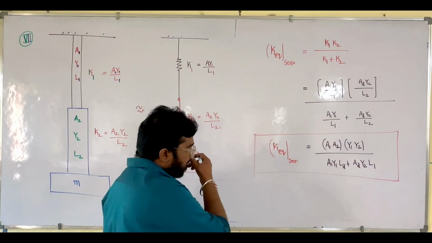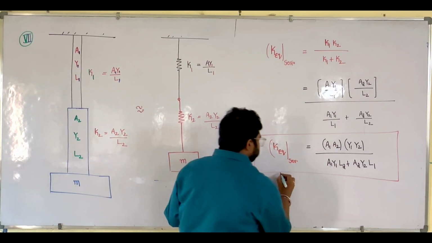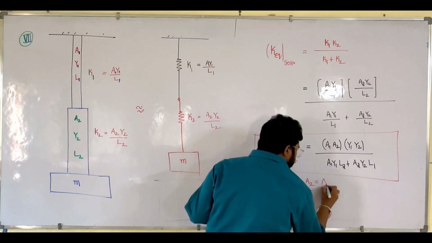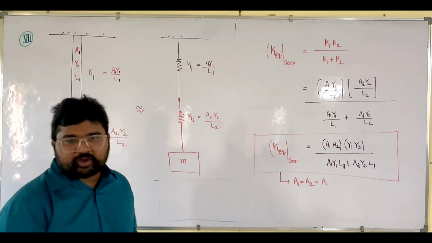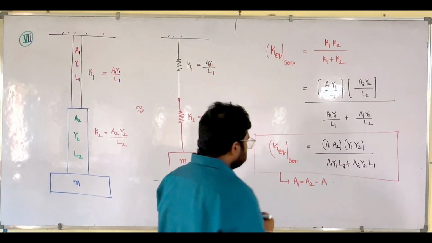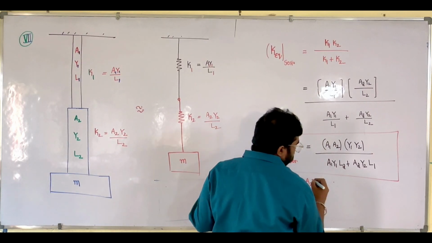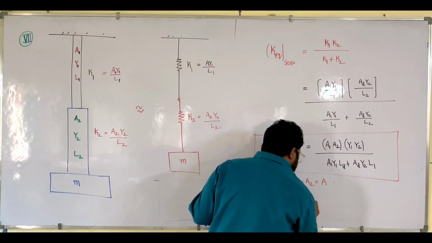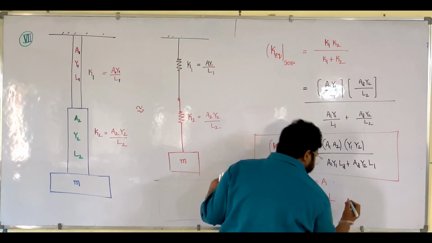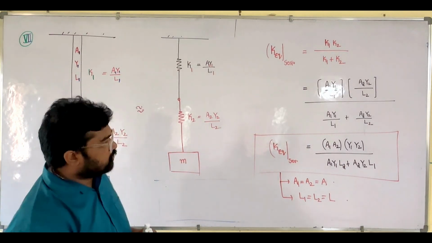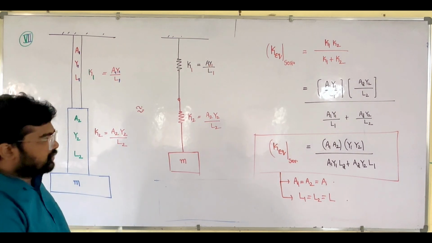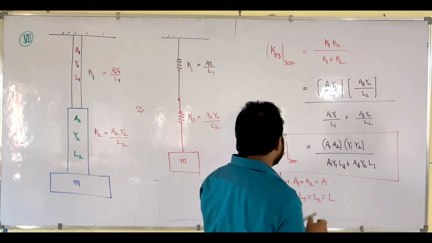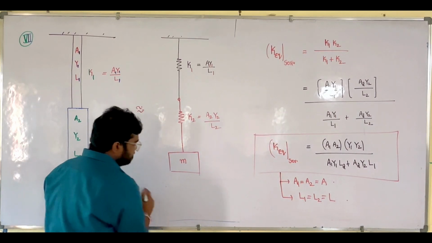Clear? Now if you take A1 equal to A2 equal to A, and L1 equal to L2 equal to L, what will you get? One A will cancel. What is the K equivalent in series?